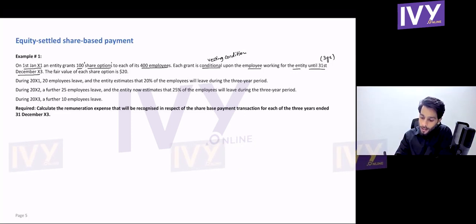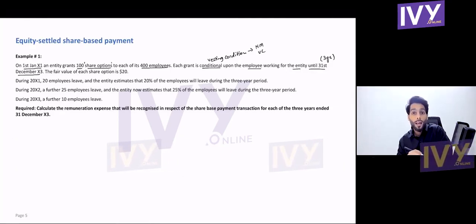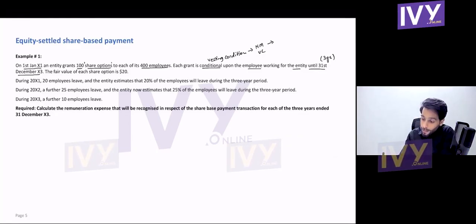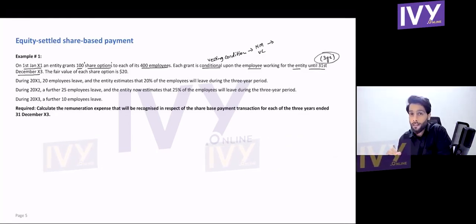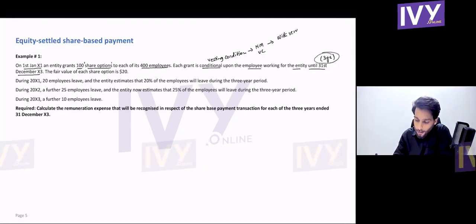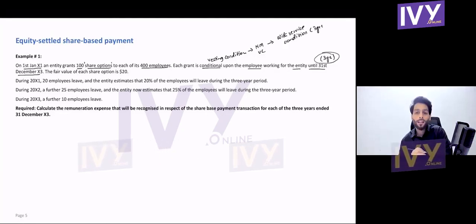So this is a vesting condition. It is a non-market based vesting condition, I would say. And also, since 3 years have been defined, this is a with service condition question. With service condition questions, 3 years have already been defined.